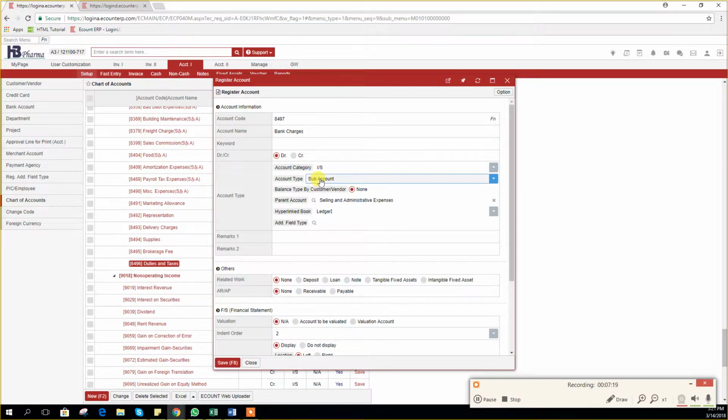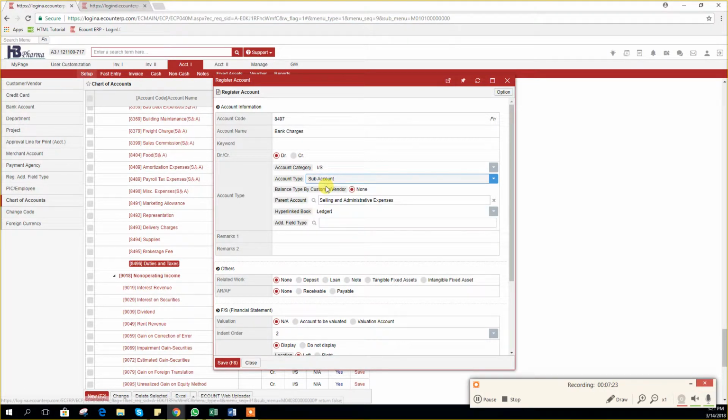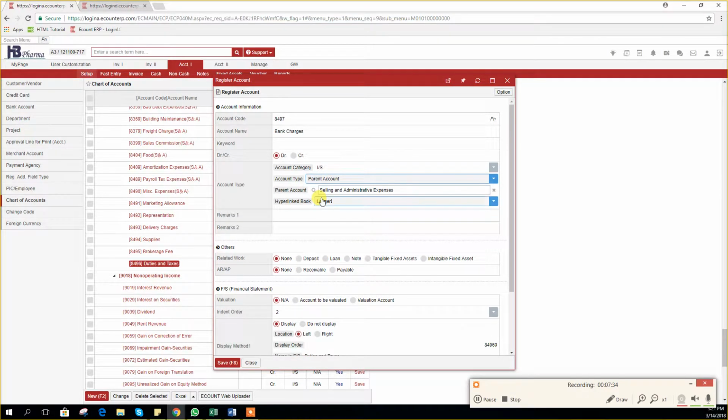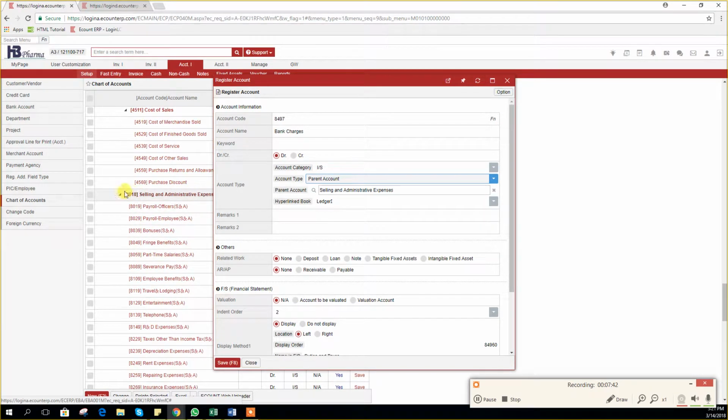So is this a sub account or parent account? This must be sub account, and you need to tell the system what is the parent account if it is a sub account. If you put a parent account here, then what is the parent account of this parent account? For example, this is selling administrative.